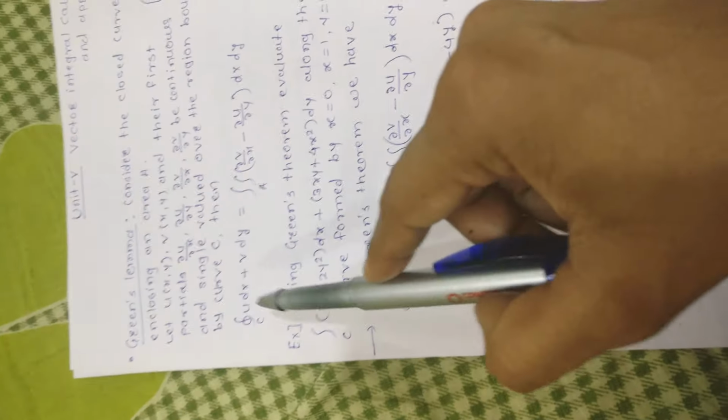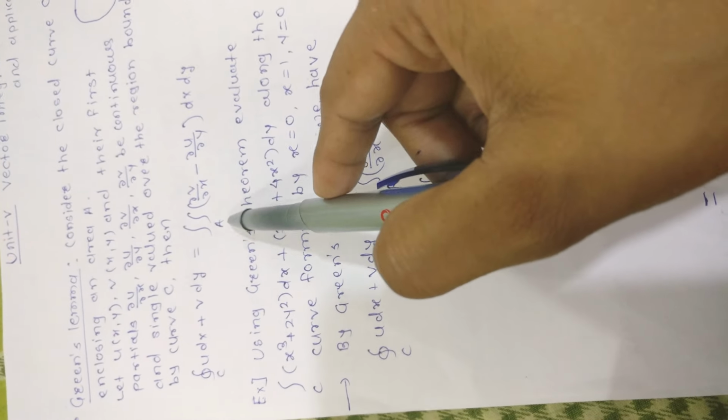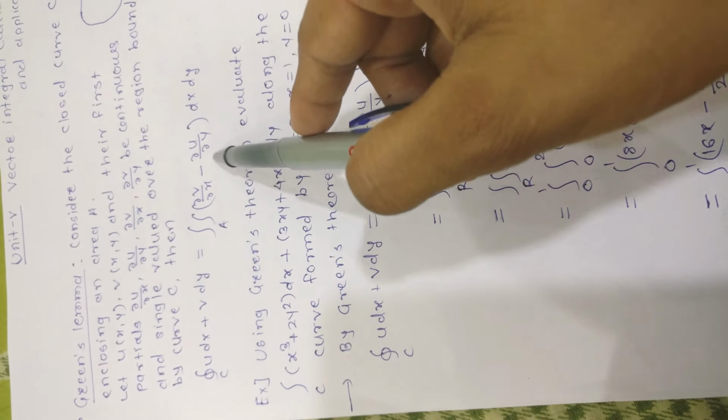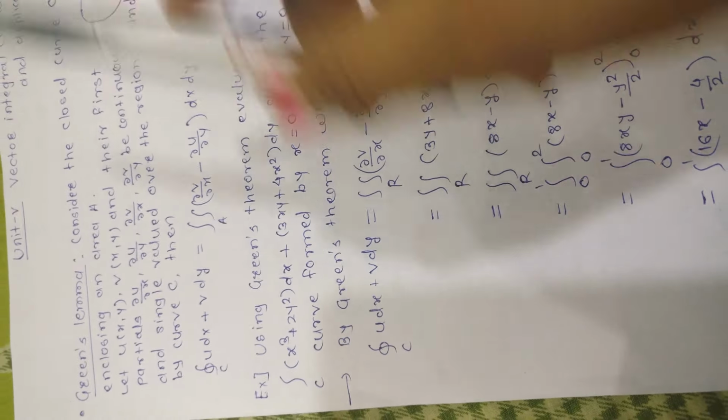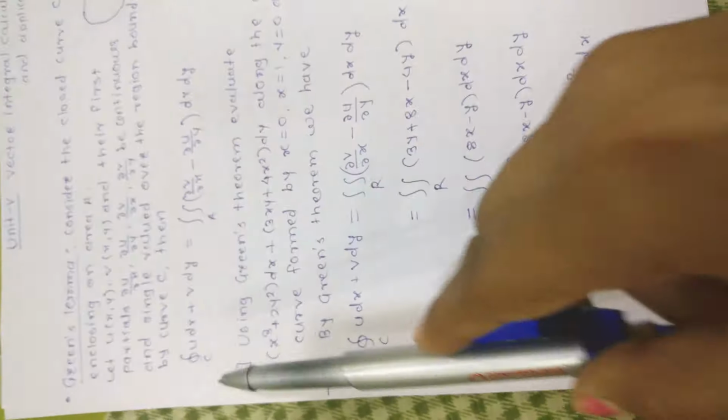I again state that integration U dx plus V dy is equal to double integration over A of delta V by delta x minus delta U by delta y dx dy. So we solve some examples by using Green's lemma.